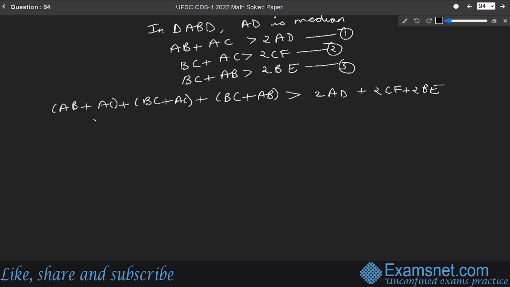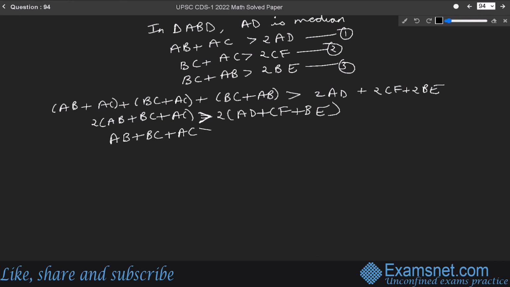Therefore, it can be written as 2 of AB plus BC plus AC is greater than 2 into AD plus CF plus BE. Therefore, AB plus BC plus AC is greater than AD plus CF plus BE.